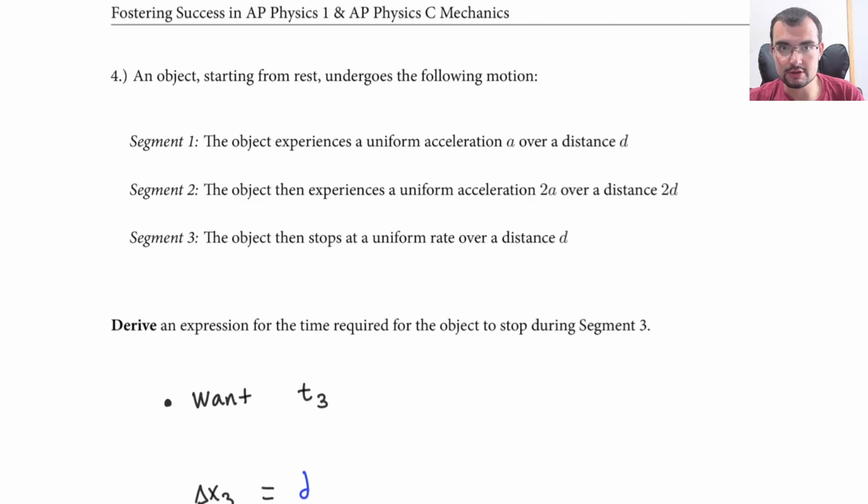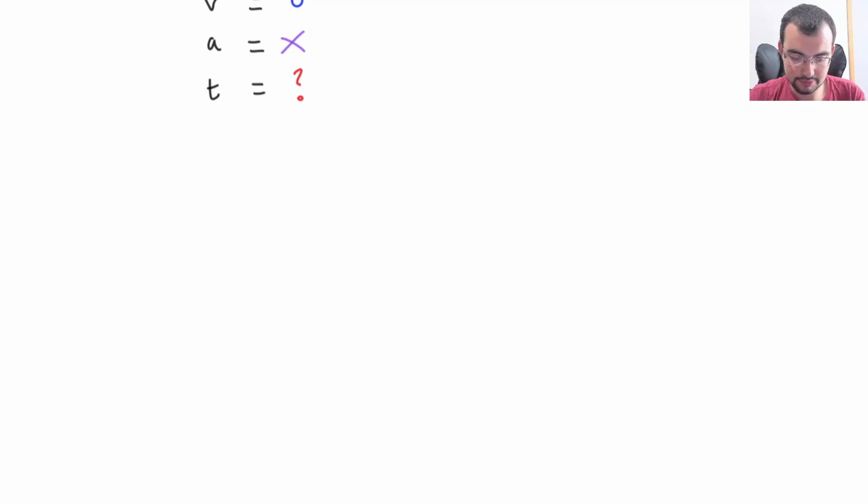I'm going to start skipping the laundry list, just because I think that's something we're going to figure out here. So notice that here we have no t, and here we also have no t. So that means we're going to use the time-independent kinematics for each of those. So here we're going to look at segment 1 to segment 2.